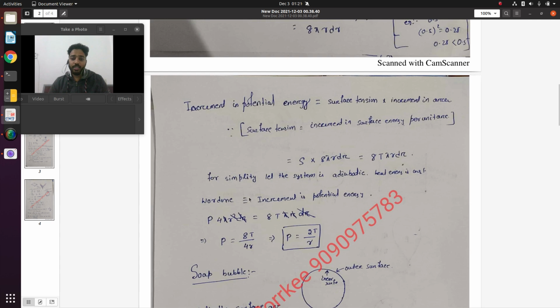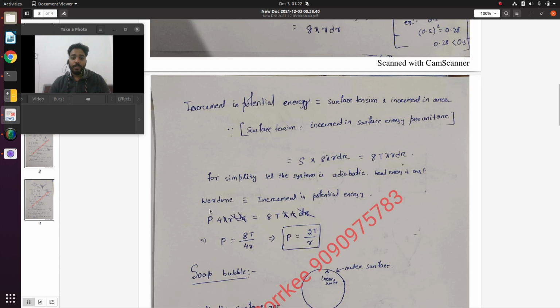For simplicity, let the system be an adiabatic process. There is no heat energy exchange during the formation of the larger liquid sphere from the initial one. So heat energy is constant. Then with this adiabatic condition, work done is equal to the increment in potential energy.